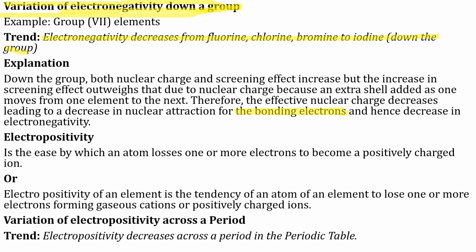Proceeding to the next topic, we are going to look at periodicity of electropositivity. Now, electropositivity, the most acceptable definition refers to the tendency of an atom to lose its valence electrons. That's the authentic definition.